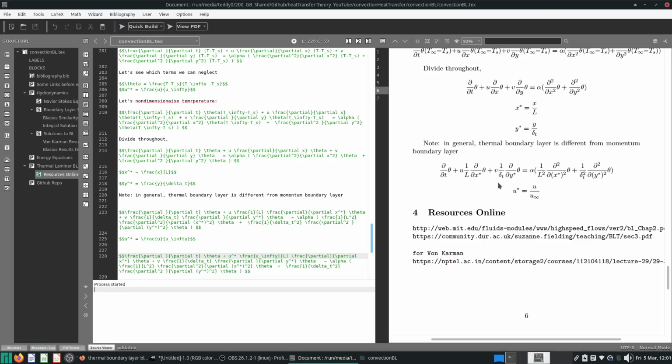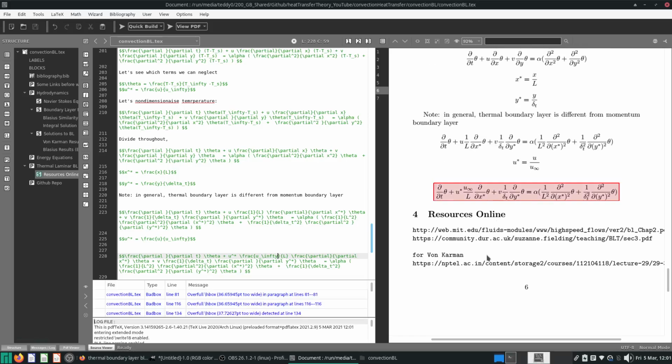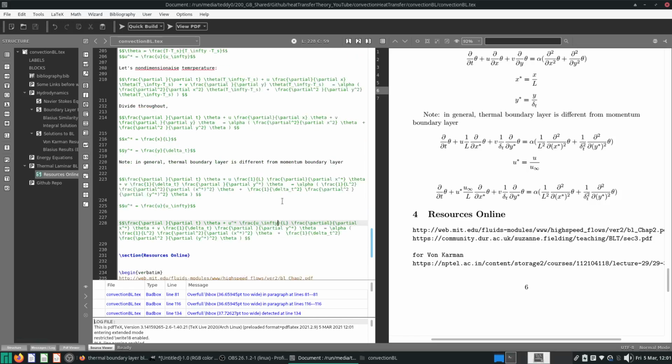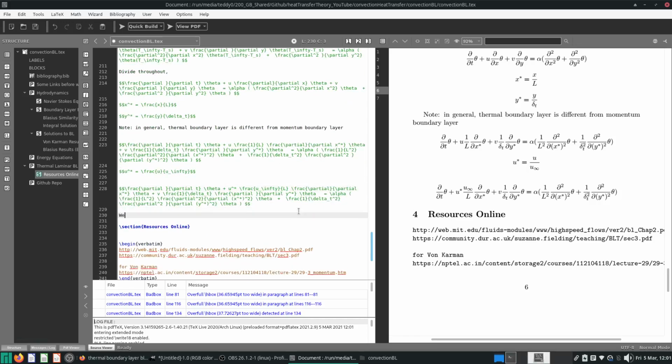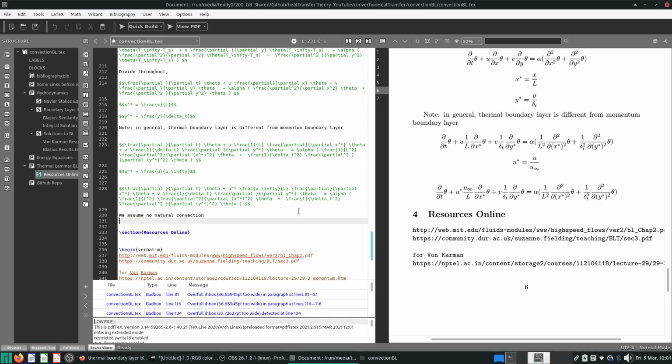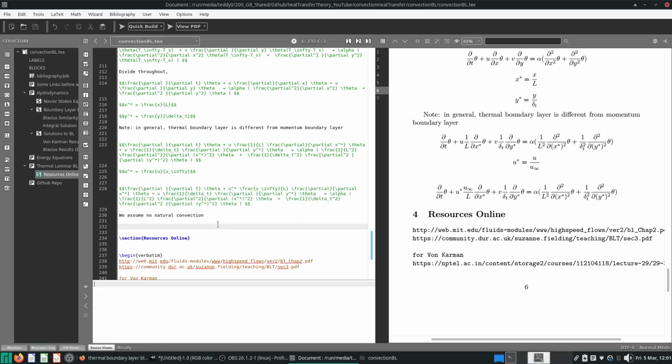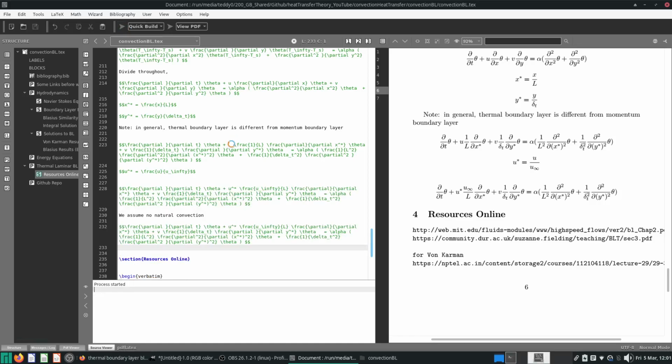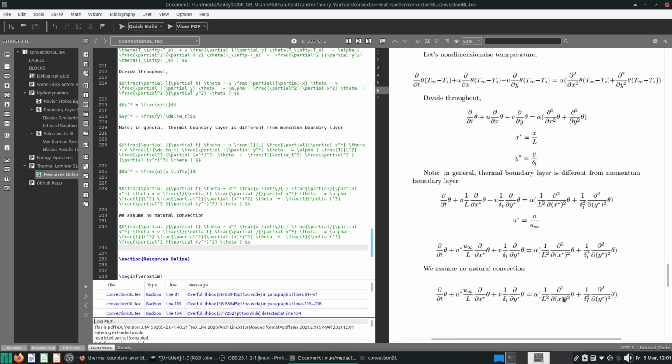Okay, V will be based on our, because we assume no convection, right? We assume no natural convection. So V is actually, we assume no natural convection, so the relationship between U and V will be the same.